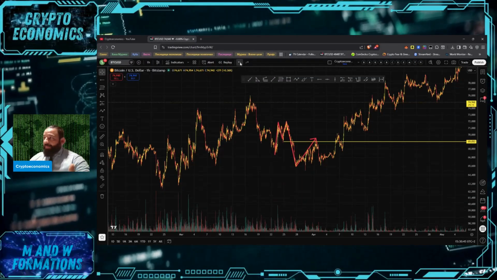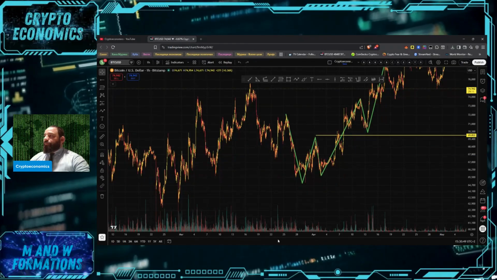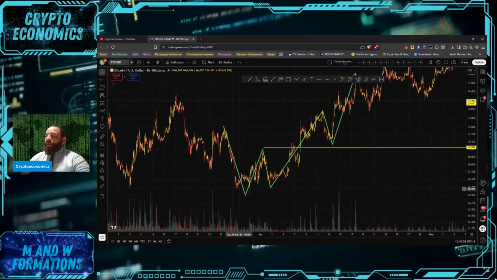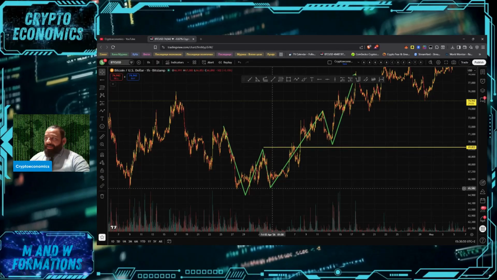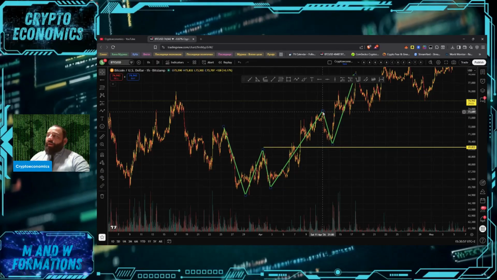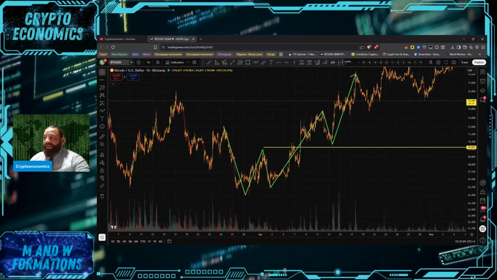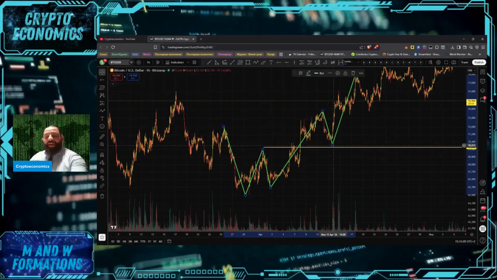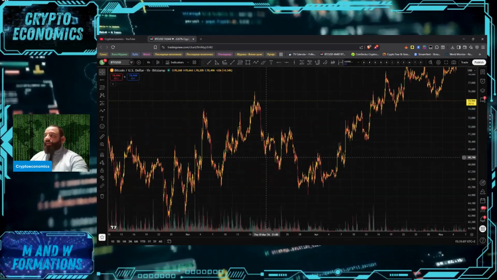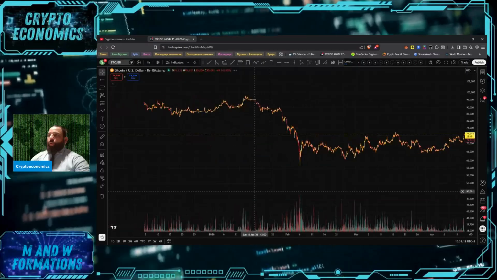Same situation as before. So if we go back to the W formation, same situation. If we have managed to form a double bottom, the formation of the W is a lot more probable, and breaking of the previous high is very much in the game. And this is exactly what happened. So the idea of the W and M formations is exactly that. It gives you a probability that the chart should be expected to go one way or the other.